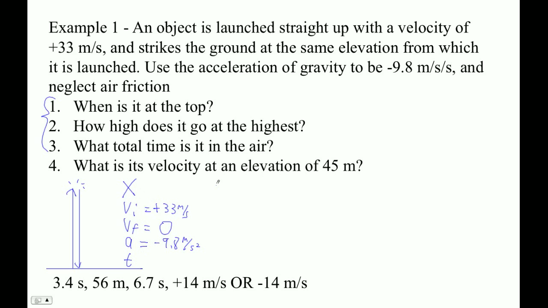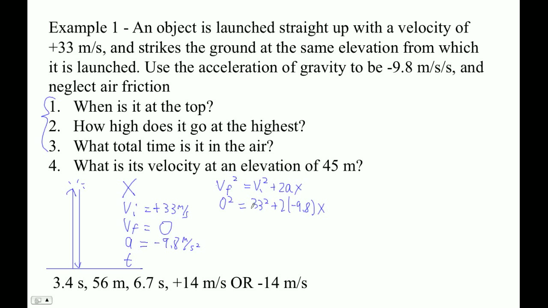So that's vf squared is vi squared plus 2ax. Right, so 0 squared is 33 squared plus 2 times negative 9.8 times x.